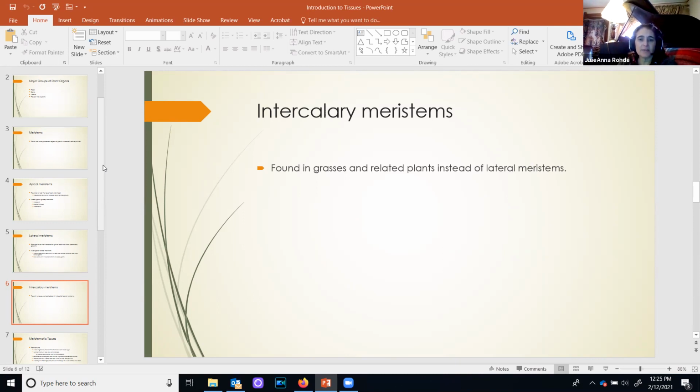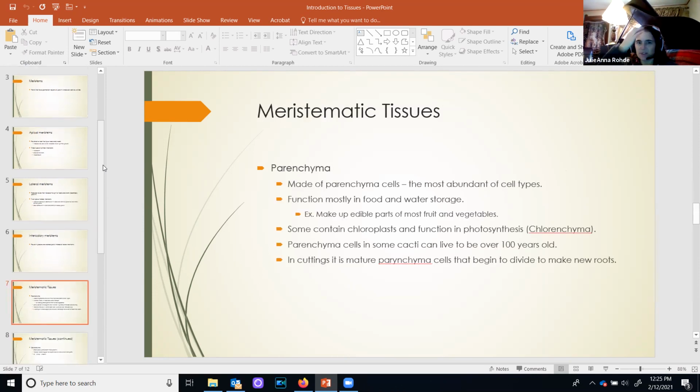Instead of having lateral meristems, because these are often just annuals, they grow up once a year, then they die back. You're not going to get that increase in girth. So what you're looking at here is what's called intercalary meristems, instead of lateral meristems. So again, probably more on that when we get specifically to that grouping of plants.